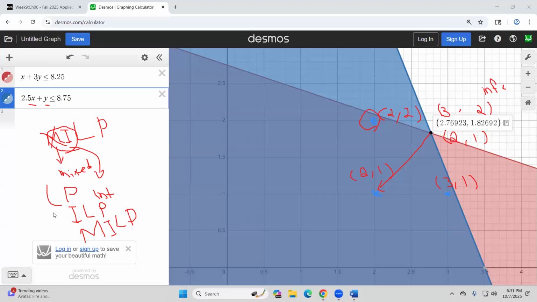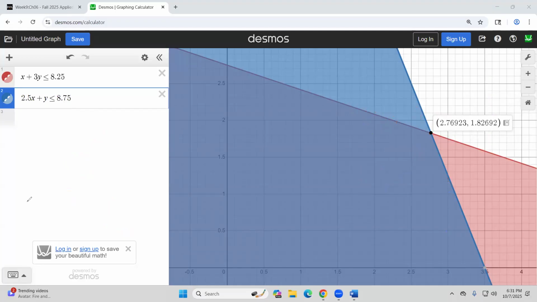So the concept behind this, I just want to explain the basics of it. It might be a little bit confusing, so don't worry about it, because we don't need to implement the details. I just want you to have an understanding of this. So I solved this, right? This point is my optimal solution.